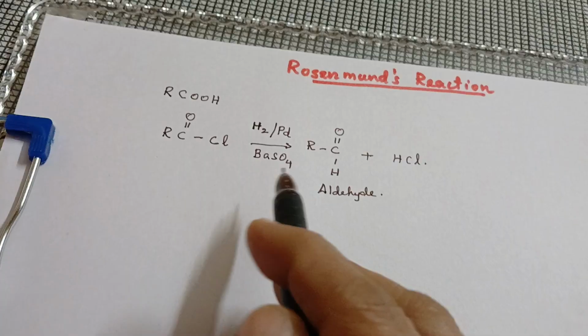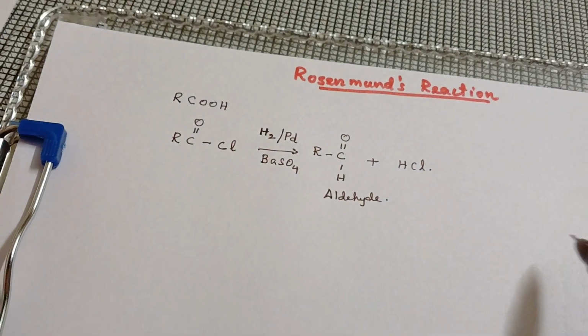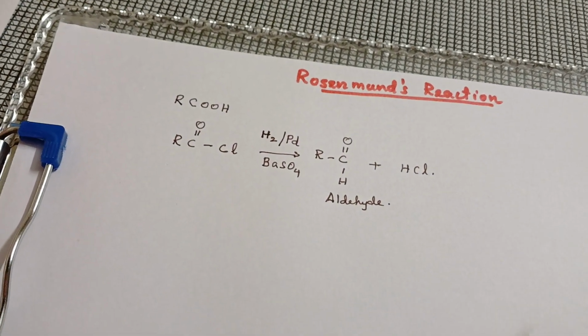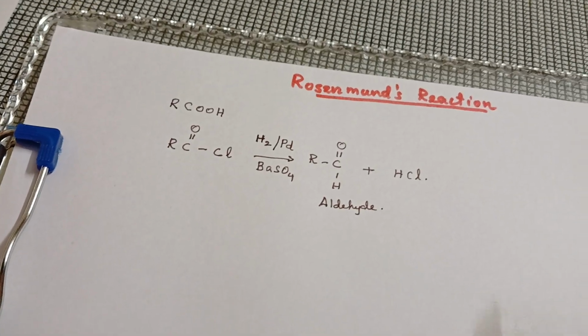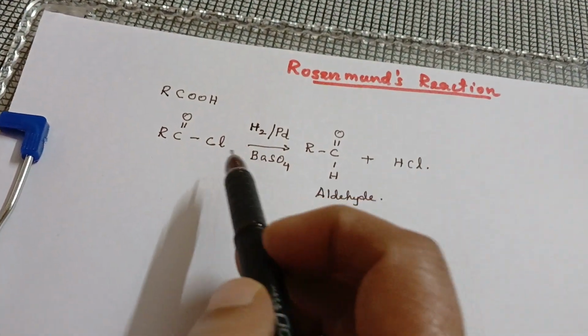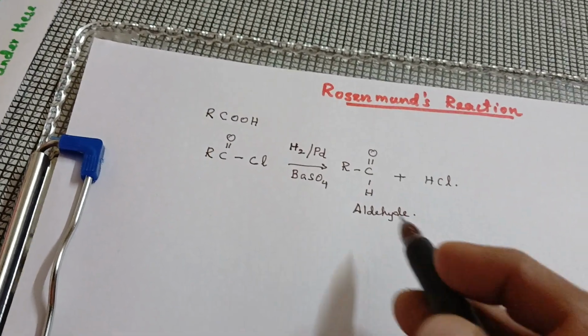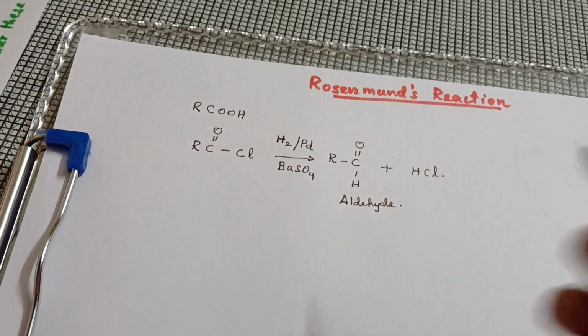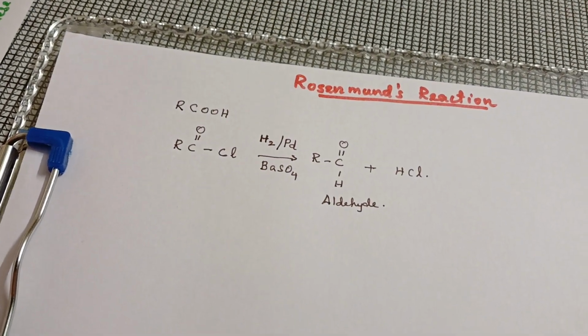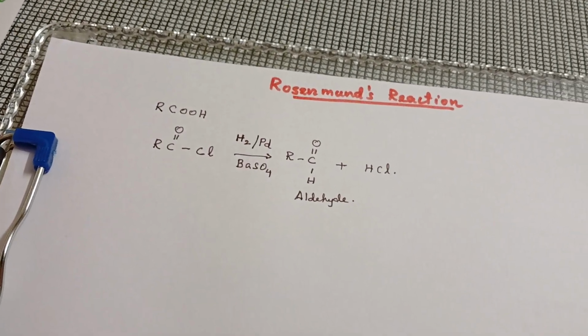See, hydrogen will be getting adsorbed on the surface of palladium. But if lots of hydrogen react with or gets added to this acid chloride, it will go on. After aldehyde stage, you will be getting alcohol as the product.